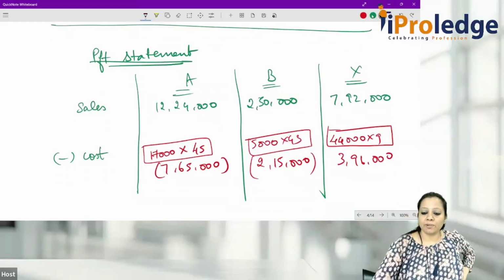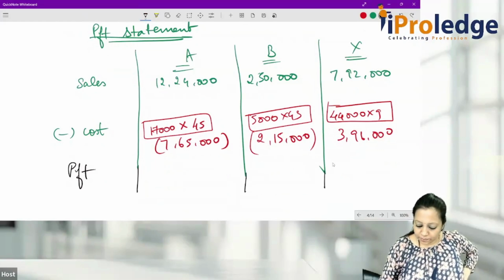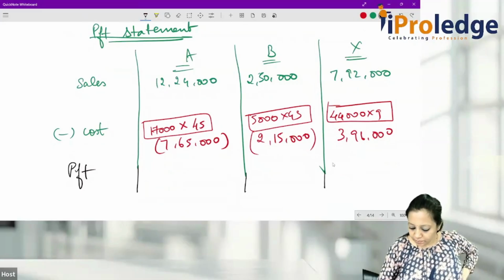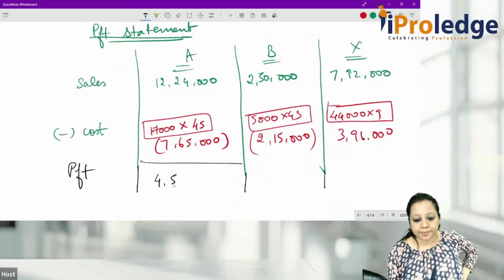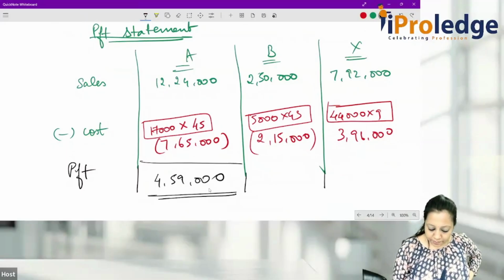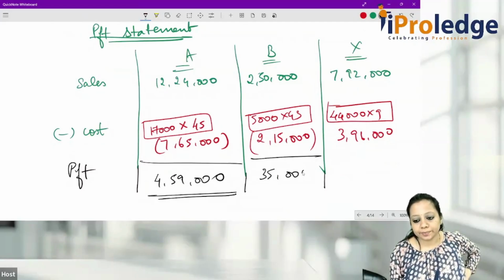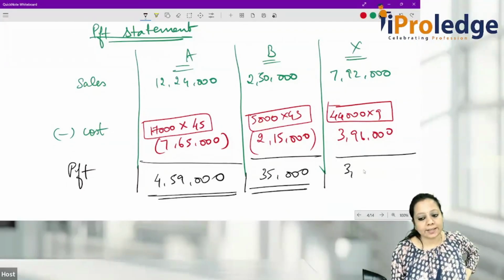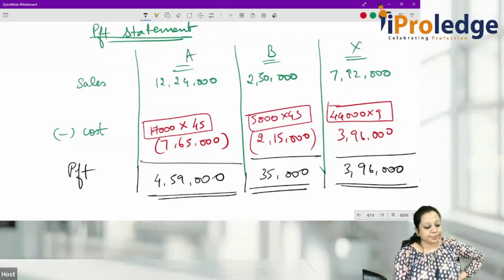So now we will go to the profit: 4 lakh 59,000 and 35,000. If you want, you can do a total column also. Profit is over.